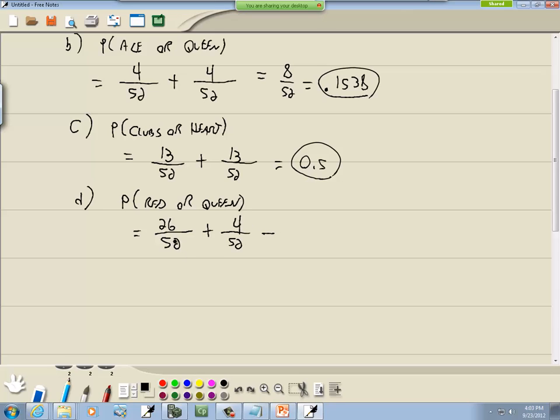The problem here is that 2 of the cards we counted as red are queens, so we need to subtract off 2. That gives us 28 over 52, or 0.5385. And that's our answer.